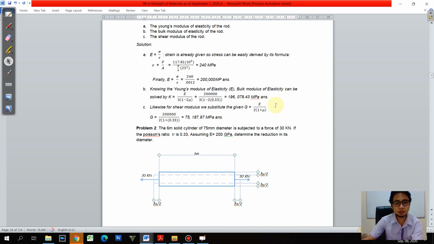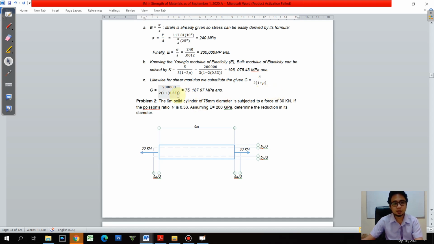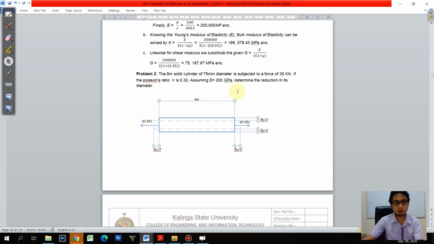And then for the shear modulus, if we have E and if we have Poisson's ratio, it's just given by this equation. G is equal to E all over 2(1 plus mu), and we will arrive at 75,187.97 megapascals.